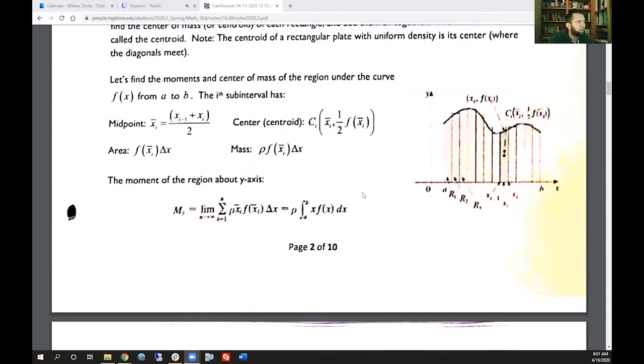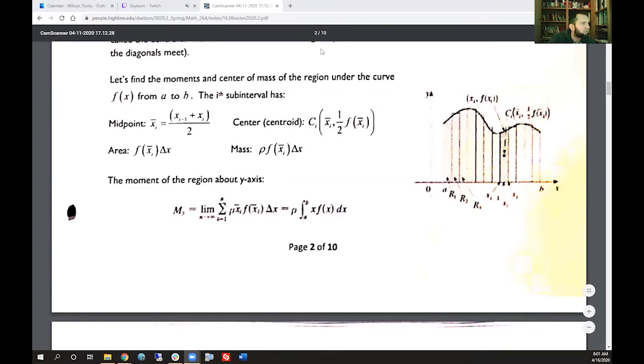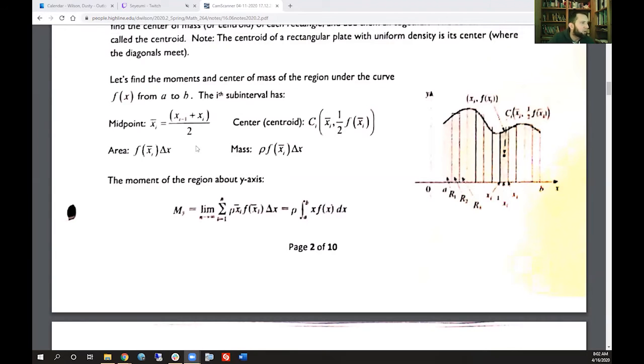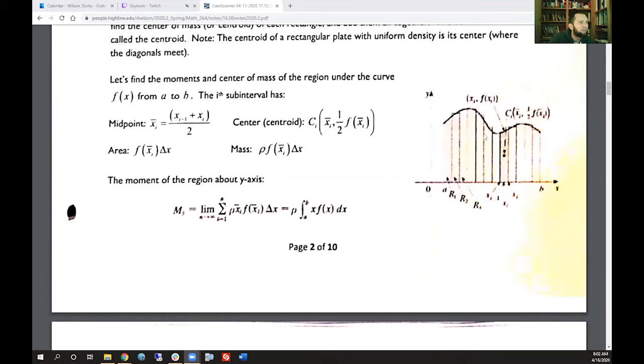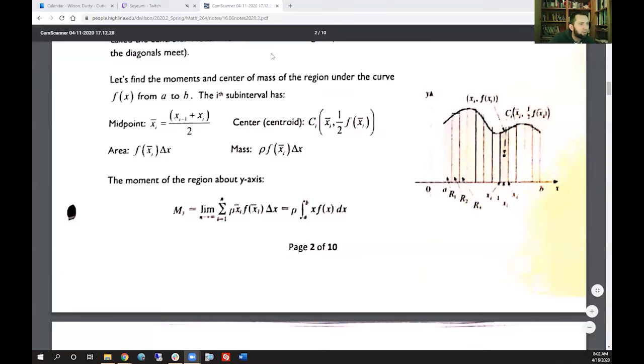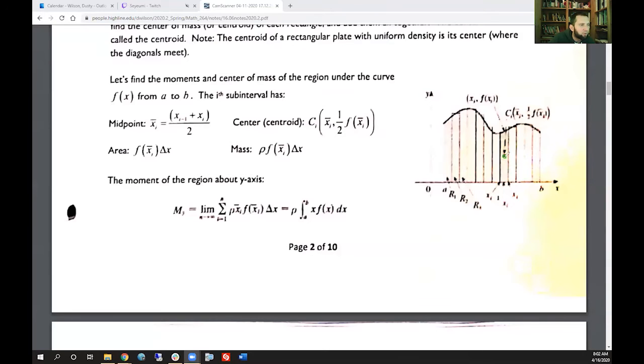To do this, let's find the moment and center of mass of the region under the curve f of x from a to b. The ith subinterval has a midpoint, which is at this point right here. And so here's your xi bar.